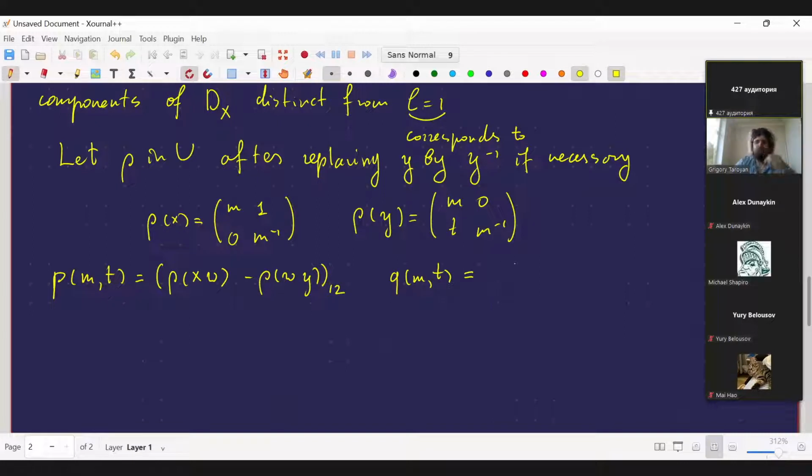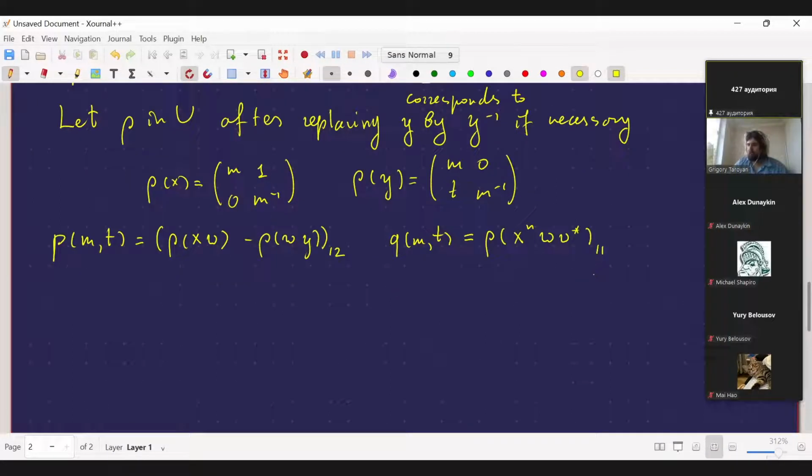Okay, so q of rho of x and w. So we take this representation of this element of the group, and we take the upper left entry of this matrix.